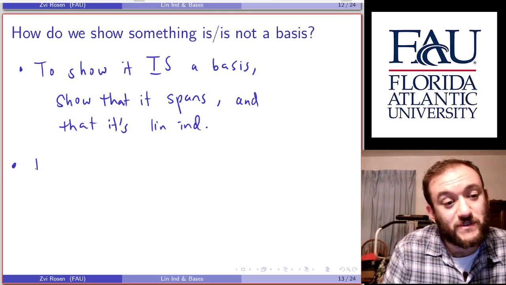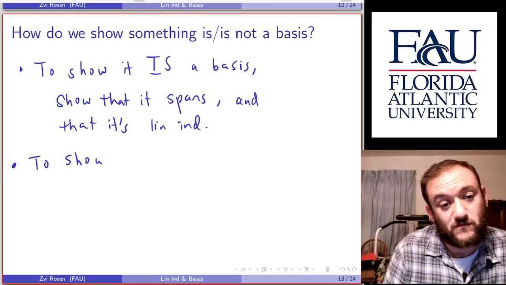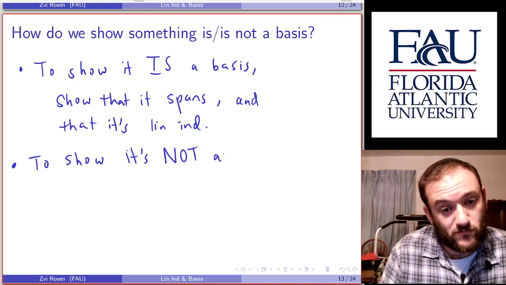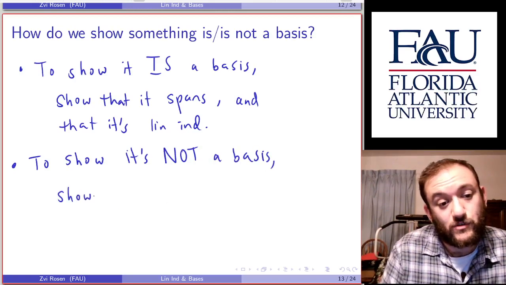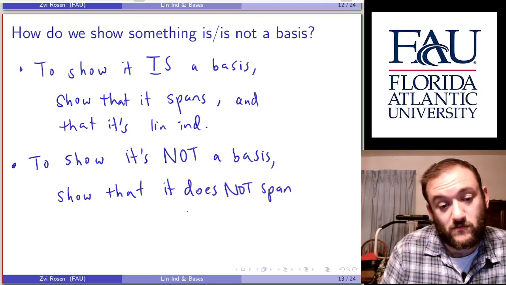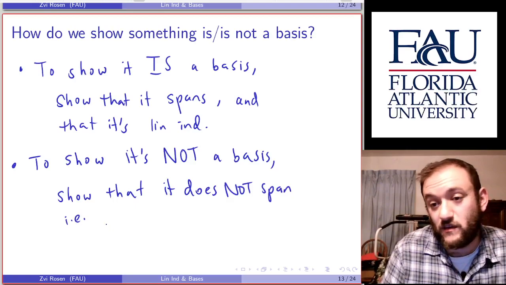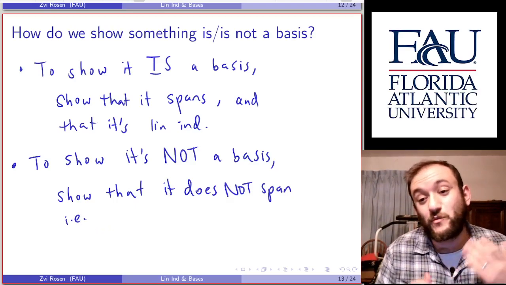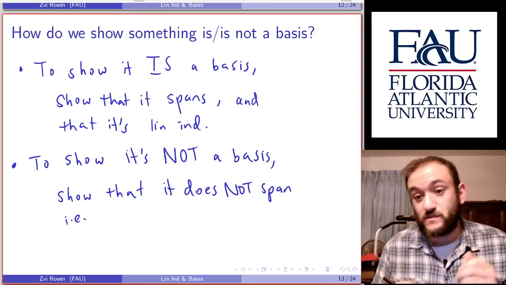On the other hand, to show it's not a basis, show that it does not span, i.e., there's some vector that you can never construct using these.